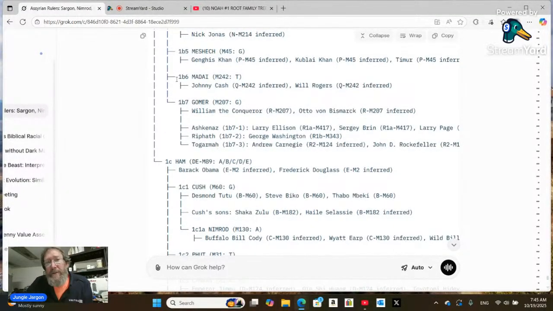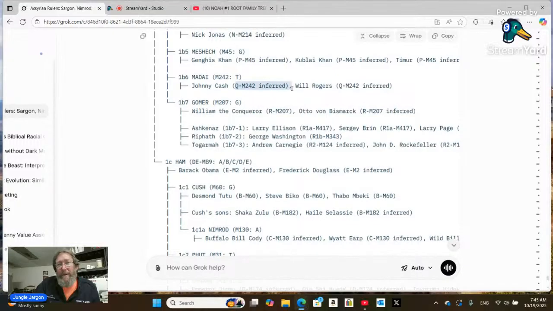I thought it was interesting because everybody knows Johnny Cash, but did you know he's indigenous, American Indian? According to this haplogroup here, chances are that he's American Indian, paternally descended from American Indians, Johnny Cash, which if you look at him, you think, oh, yeah, okay. Maybe he was. But here's another one, Will Rogers, same thing.